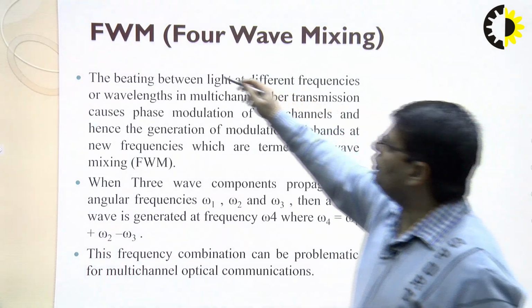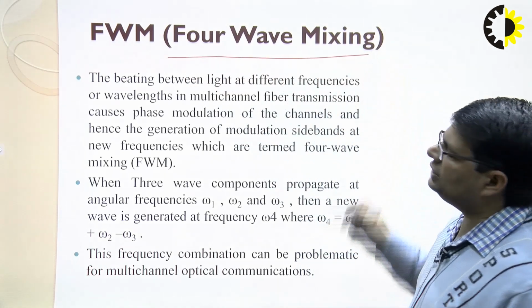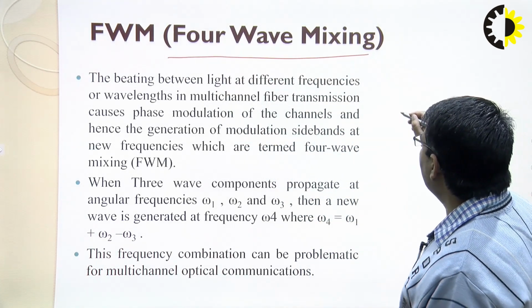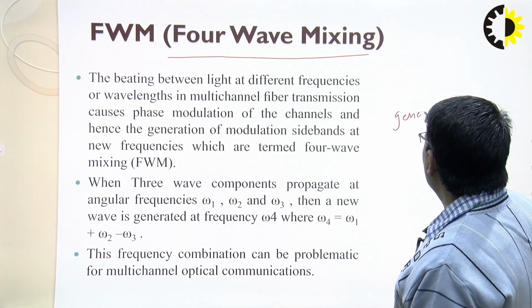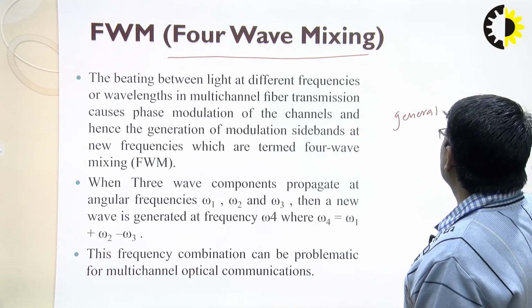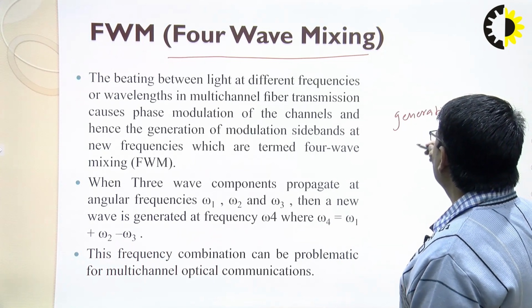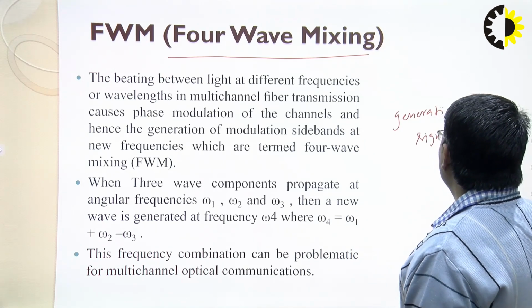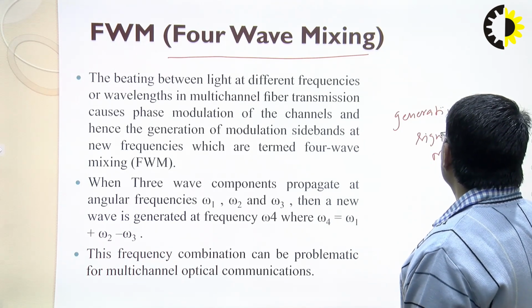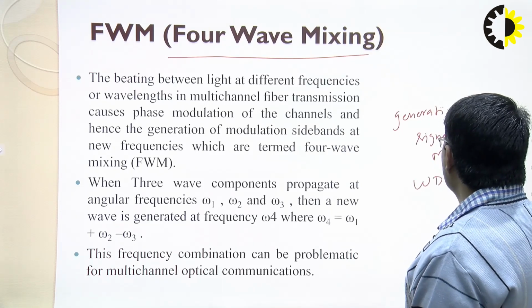Another is four wave mixing. This is basically used for generating signals in the case of multiplexing, generating different frequency signals in the case of multiplexing. For example, WDM.